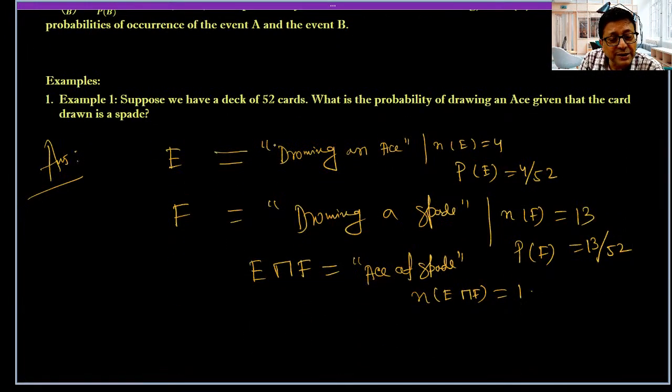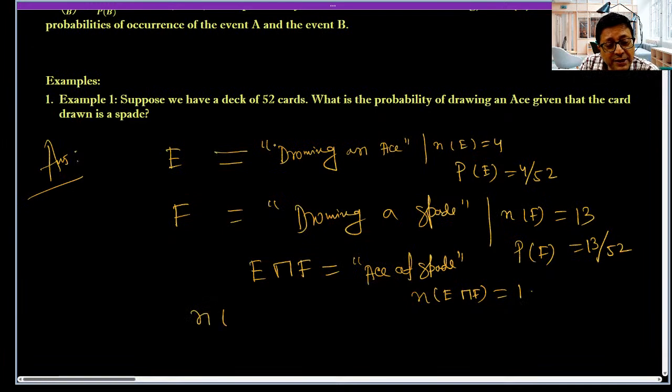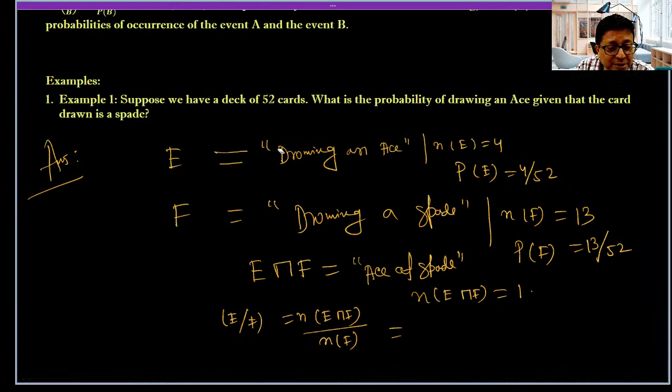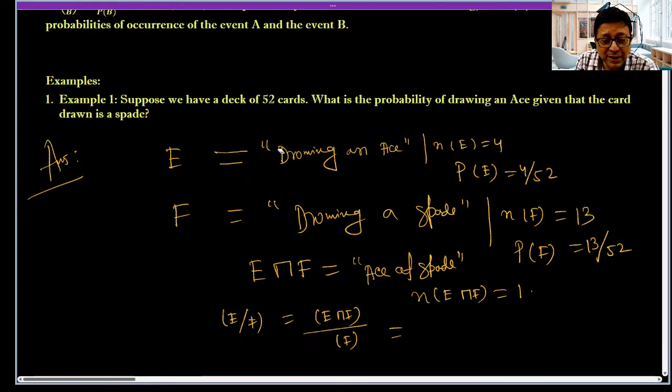So we need to find P(E∩F)/P(F), not numbers. We are writing probability here. By mistake also you cannot do this. So it is probability we are getting: P(E∩F) by P(F).